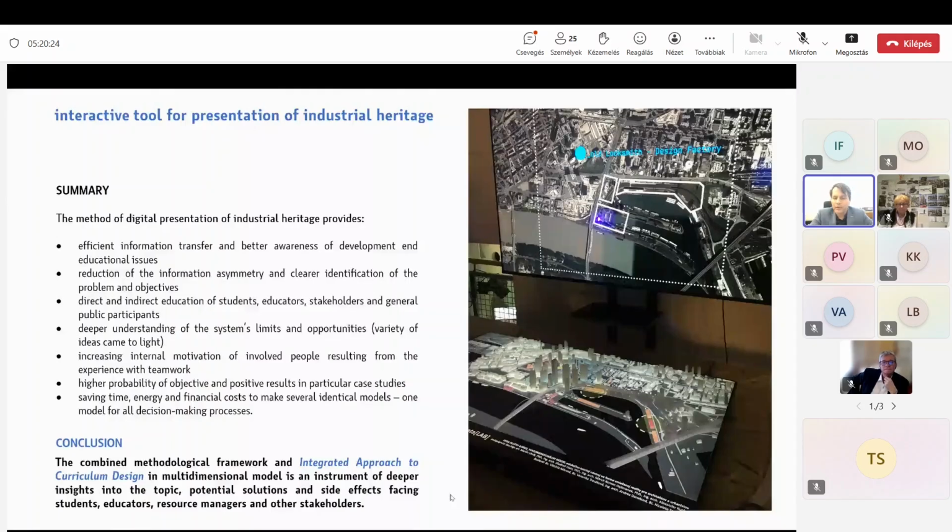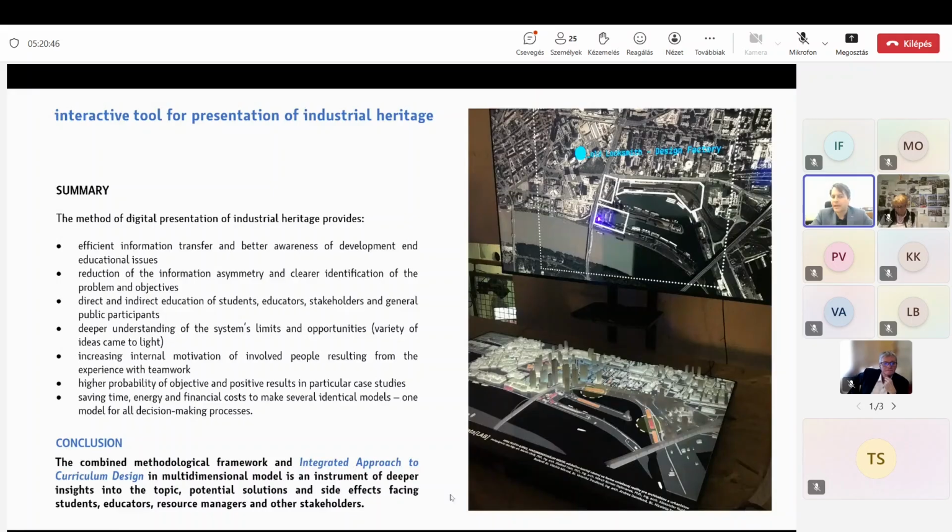Reduction of information asymmetry, and clear identification of problem and objective. Direct and indirect education of students, educators, stakeholders, and general public participants. Also deeper understanding of the system limits and opportunities.